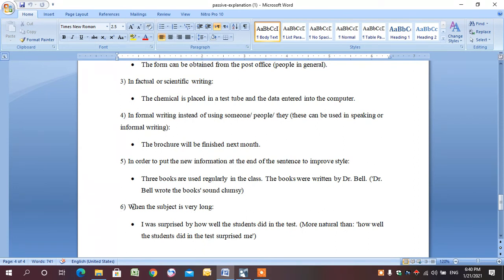Reason number 5 is in order to put the new information at the end of the sentence to improve style. So sometimes we don't want to mention who did the action just to improve our style of writing. So for example, 3 books are used regularly in the class. The books were written by Dr. Bell, and as you see, we put the person or the subject at the end.